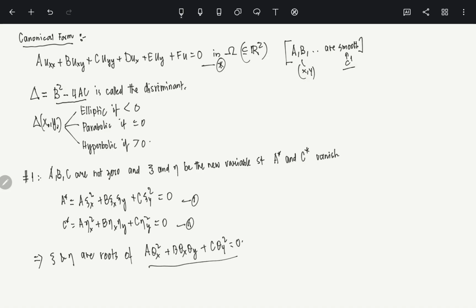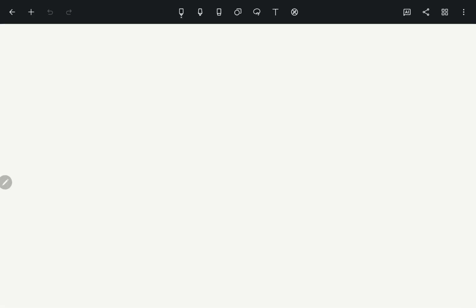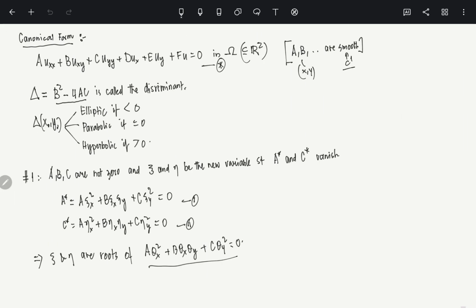Is it okay? Now you see this equation, how we can write it. We can modify this equation and write it like this: A times (theta x by theta y) square plus B times (theta x by theta y) plus C equals 0. Of course, we are assuming theta y is not 0.